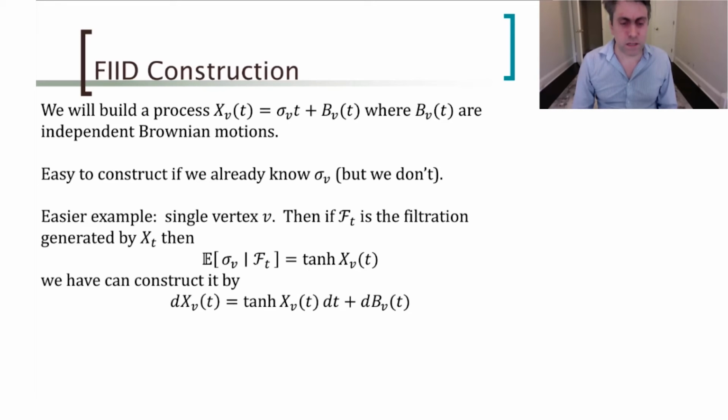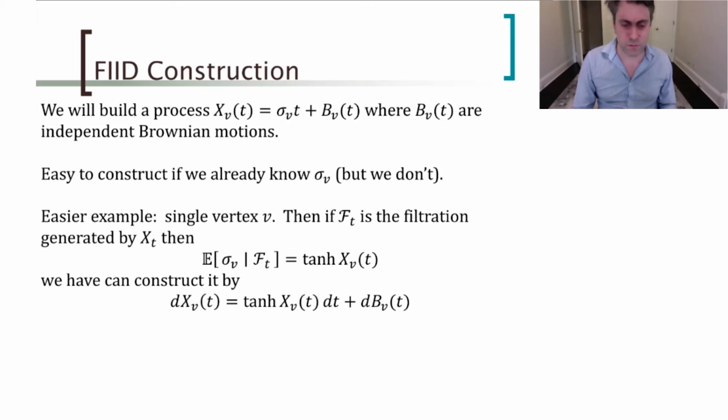And so it turns out if we want to build x_v(t), one way of doing it is to write it as a stochastic differential equation, where dx is tanh(x) dt plus db_t. And in distribution, this will give us a process with the right distribution.